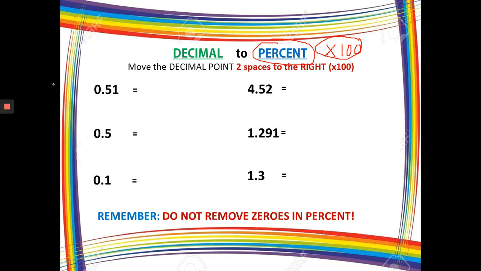So here we have the decimal number. We will multiply this by 100. So let's see, 0.51 times 100. Okay, so we have here 2 zeros. We can just remove that down here in our answer. And then 1 times 1 is 1. 1 times 5 is 5.